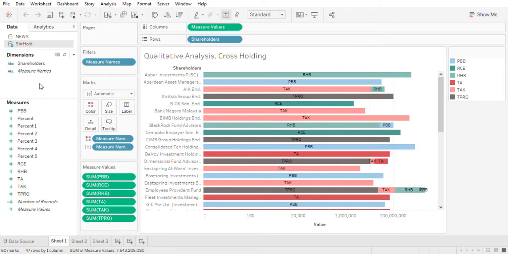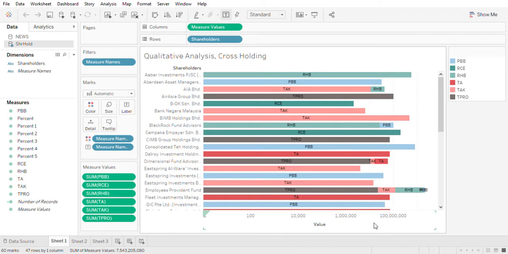So we have specified shareholders as dimensions and the volume of the shares held by each entity as values, and we give those values to the columns, as you can see on the x-axis, because this is a transposed plot.